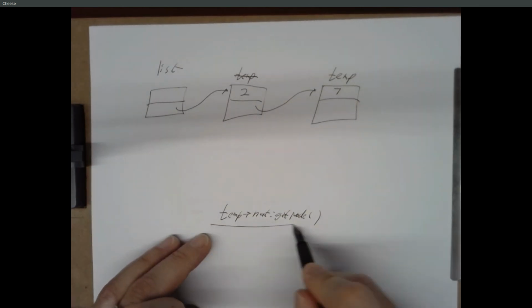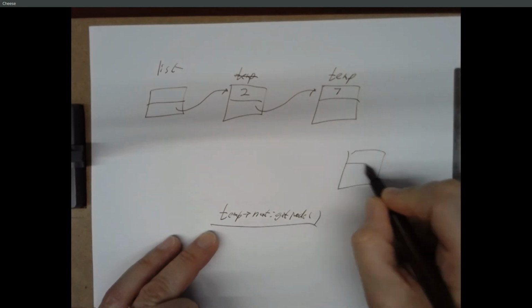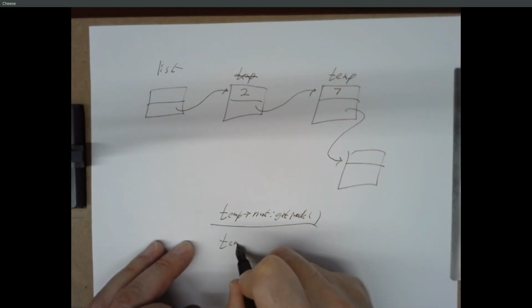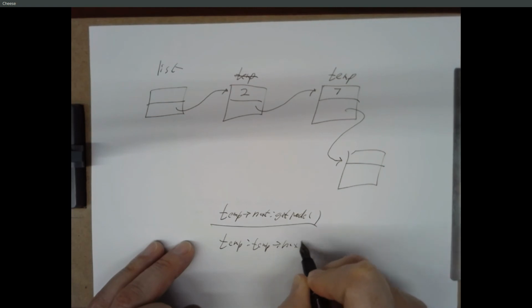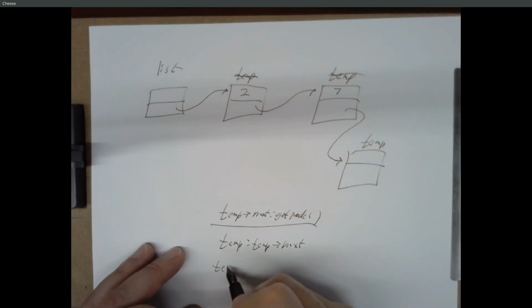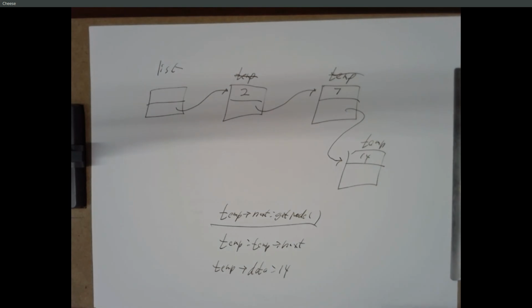Well, I'm going to repeat this. I'm going to say temp arrow next equals get node. It's going to make a new node, and it's going to have this point to there. And then I'm going to repeat this. And that's going to change temp to this node. And then I'm going to repeat this. And that's going to put a 14 in here.